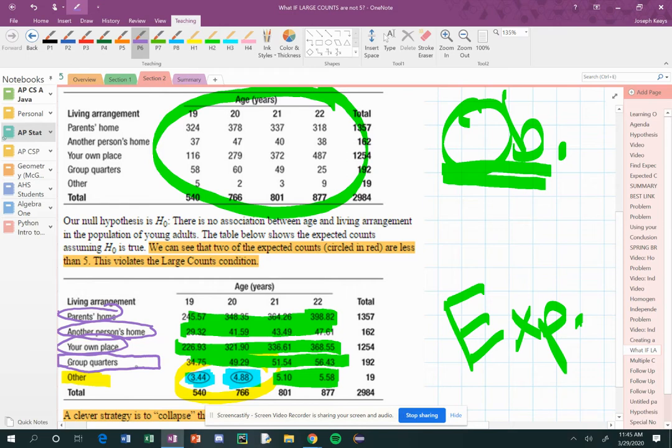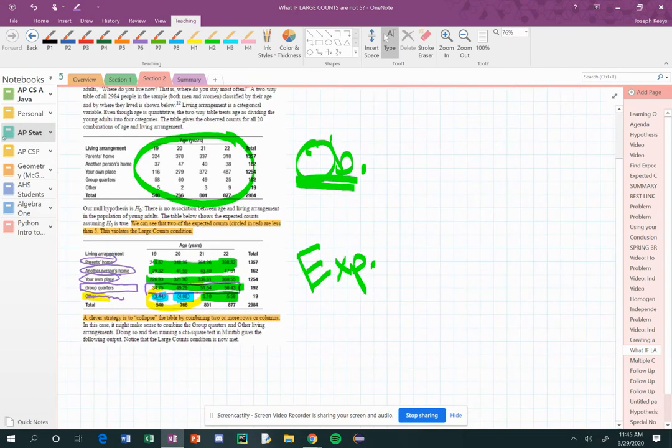So if you do that, you're going to ensure that all of these are greater than 5, and you eliminate this other category right there. So that is a workaround for when we do not have our conditions being met for a particular category. Solution, combine it with a different category group.